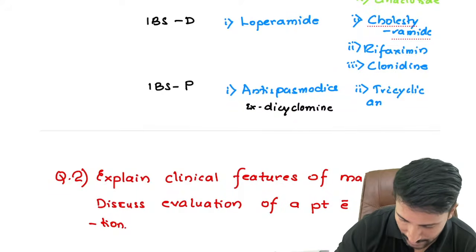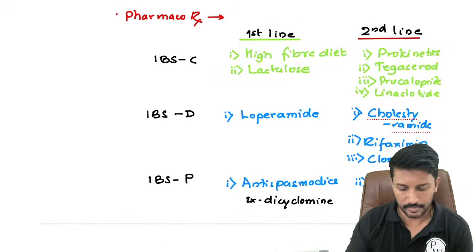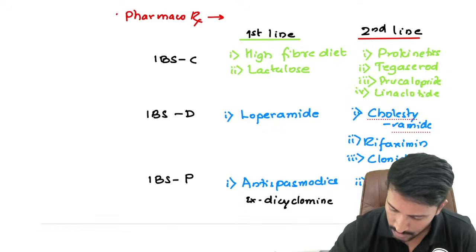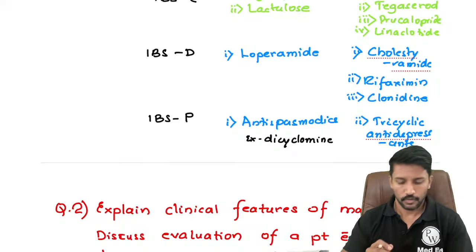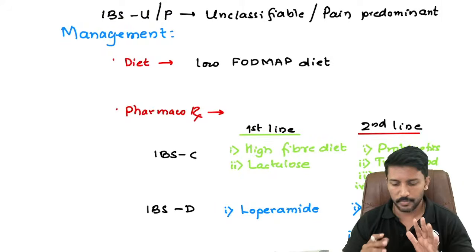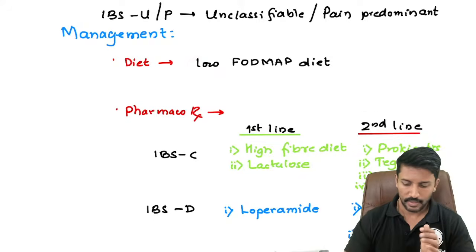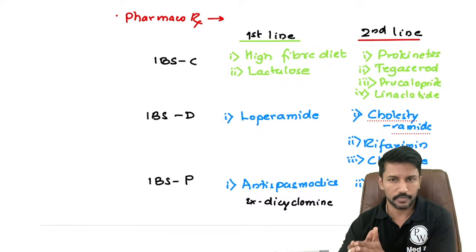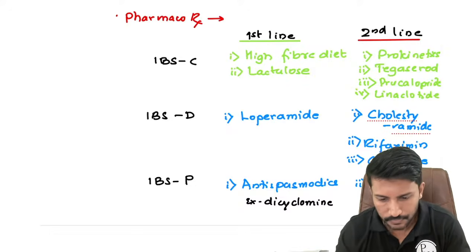Tricyclic antidepressants are also useful for treatment of diarrhea predominant irritable bowel syndrome. But this is the standard approach that we follow, right? What should we do once we make a diagnosis? We put all of them on a low FODMAP diet, and then we start with the first line medications. If the patient is not happy with the first line medication, we have a choice of second line medications.